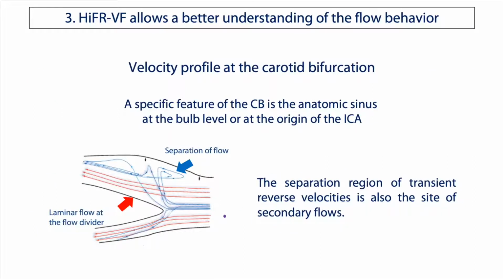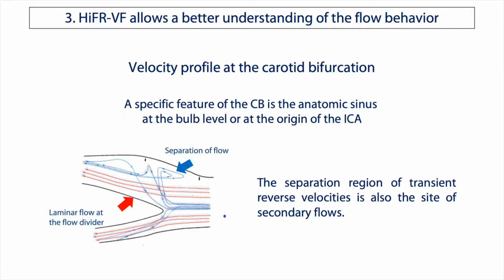We can now consider what happens to laminar flow at the level of the carotid bifurcation, where the sinus enlargement promotes the flow layers separation. As the red arrow indicates, the high velocity layers move near the flow divider.